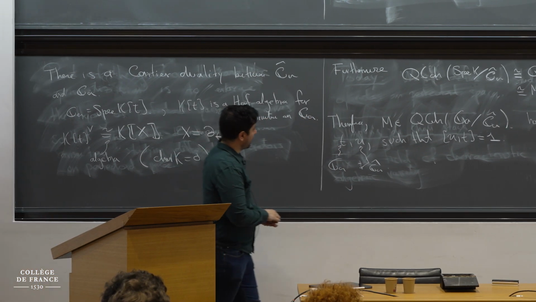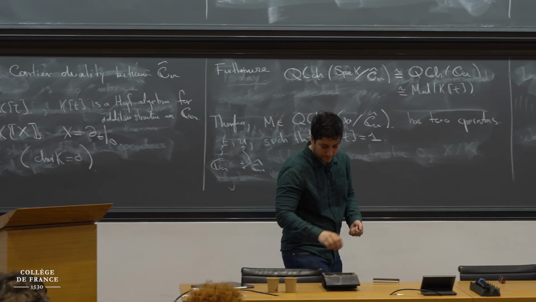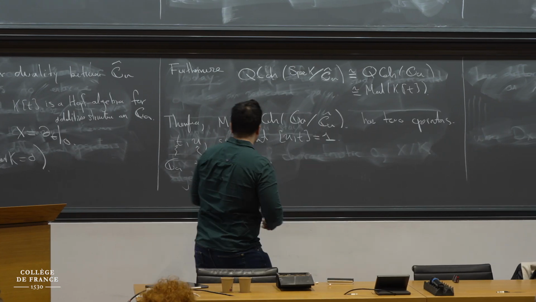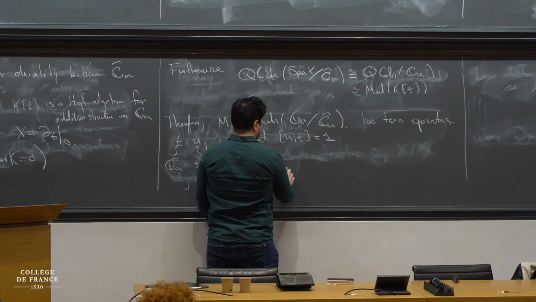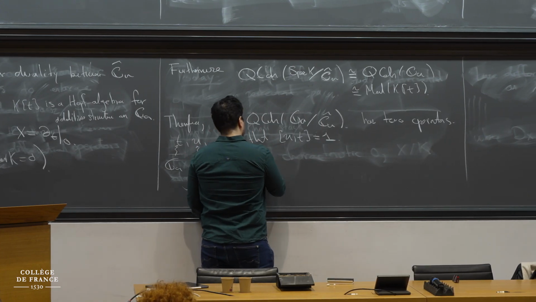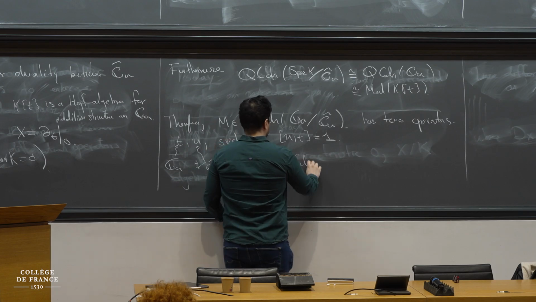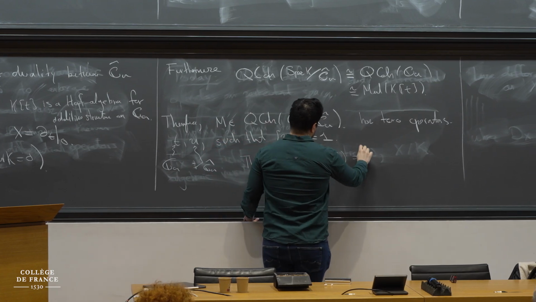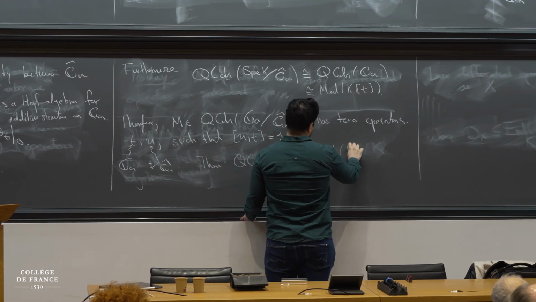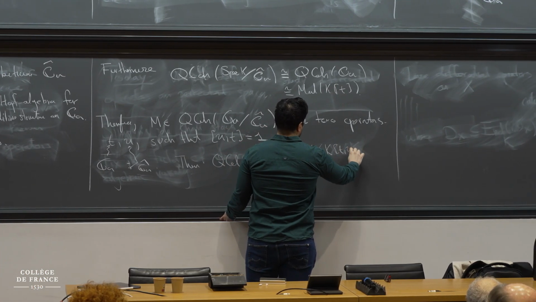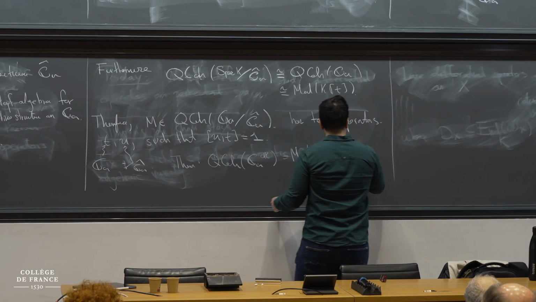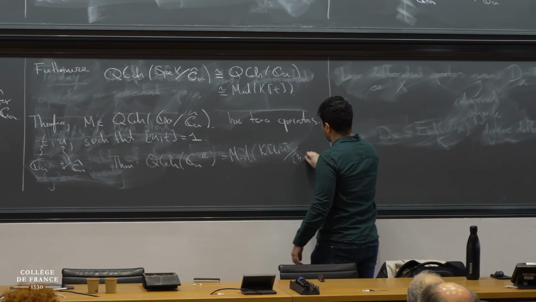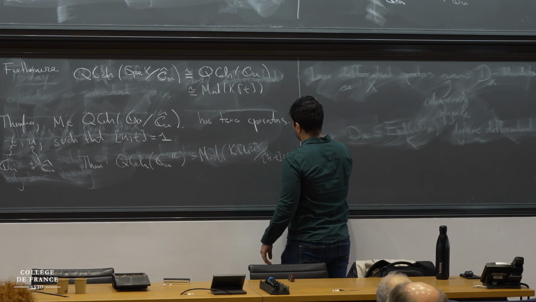Then using this and maybe a couple of other computations, you can essentially arrive at the description that sheaves on this guy are just modules for an associative algebra in two variables, where the two variables satisfy this condition.